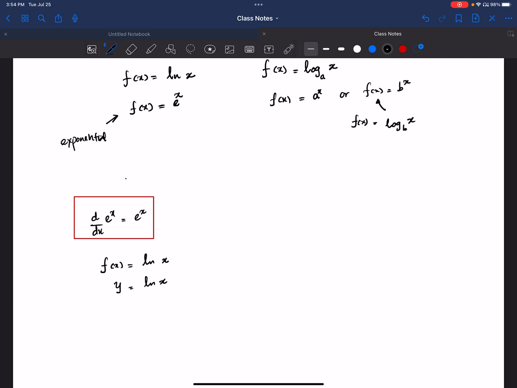And from that, using exponential rules, you can take e to the power y is equal to e to the power natural log of x. So this is e to the power y equals x.